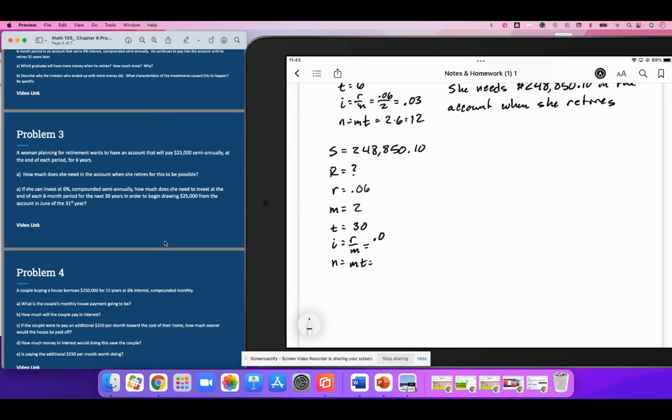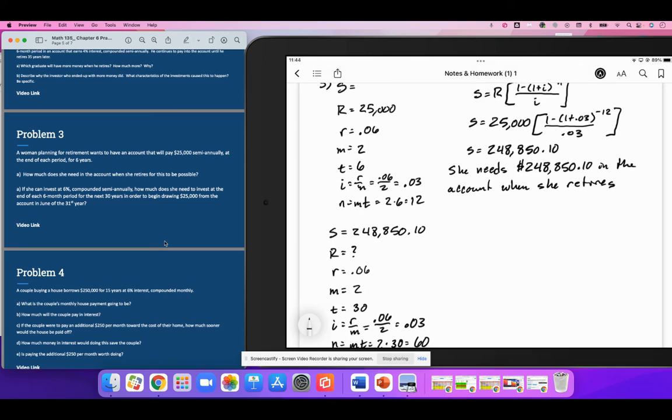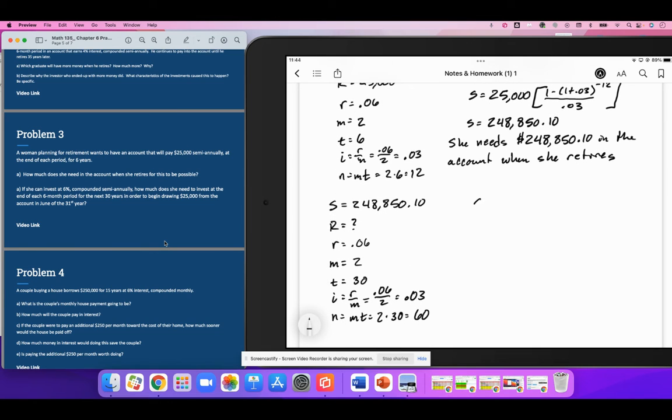So our R over M is 0.06 over 2, so 0.03. And our MT is going to be 2 times 30, so 60. And so this is, again, a future value of ordinary annuity. So we are going to have S equals R times 1 plus I to the power of N minus 1 over I.